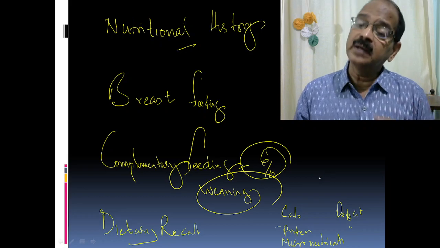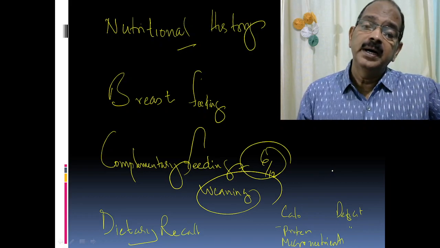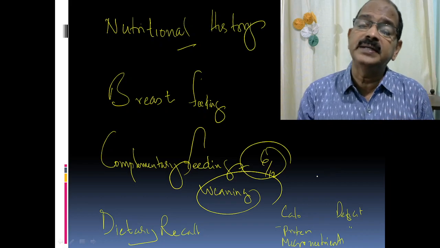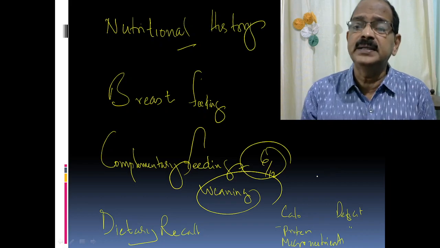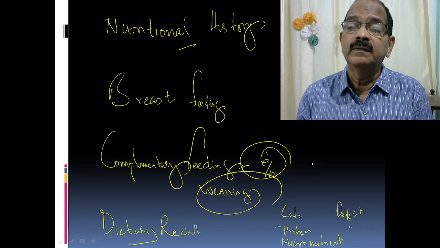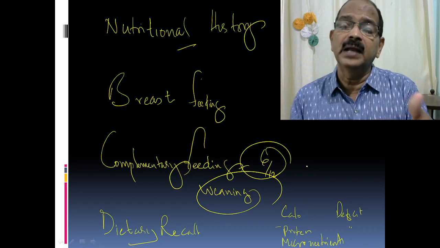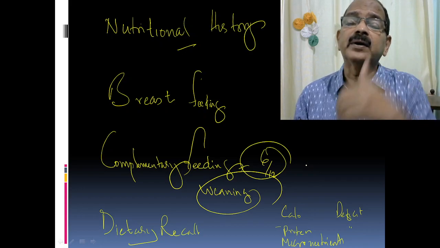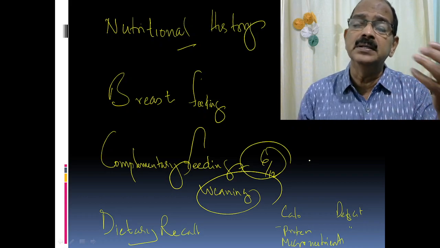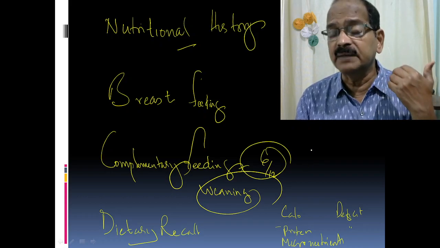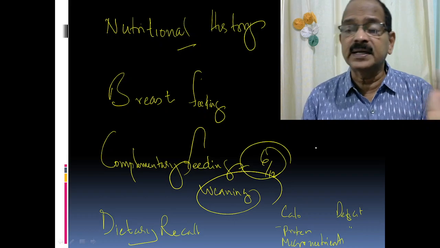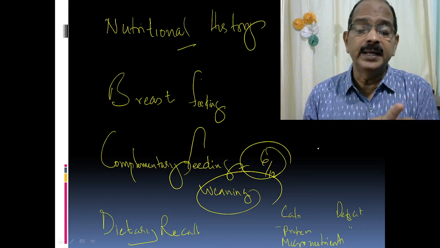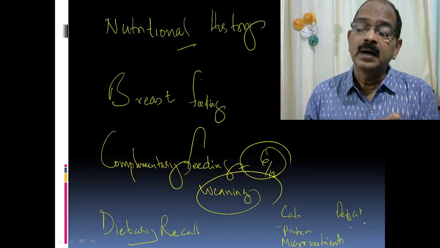Is there an early morning feed, a late night feed? Everything you need to write in a case sheet, and you need to calculate the nutrient value in the form of calories, protein, micronutrients, vitamins, fibers, minerals, everything. So you will know the balanced diet concept.